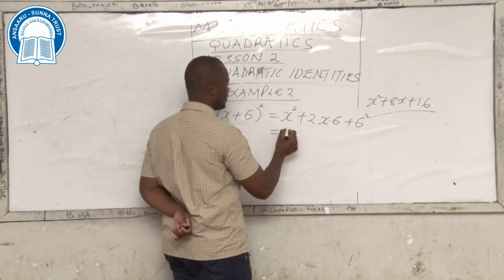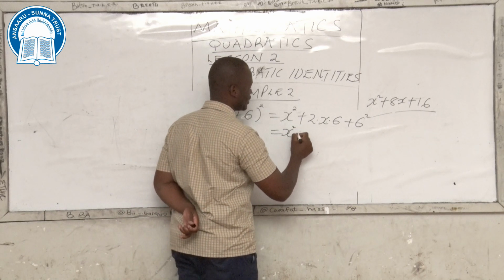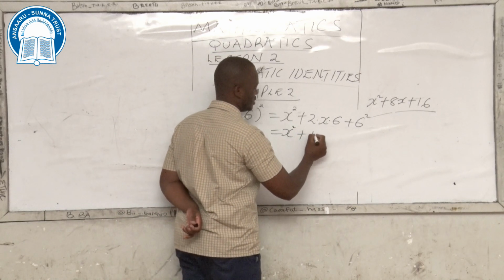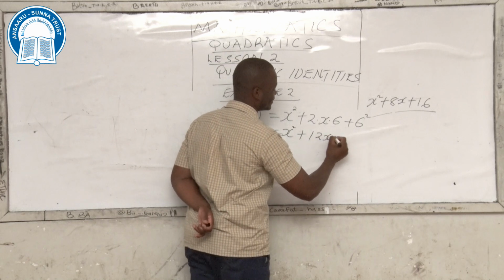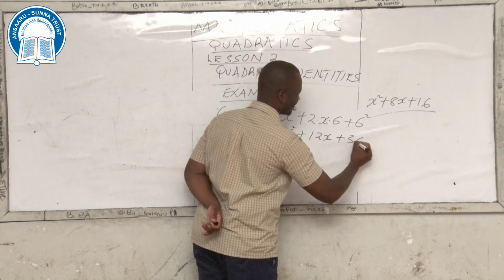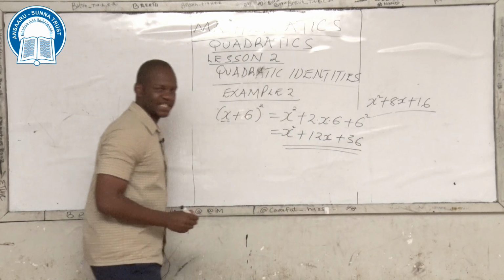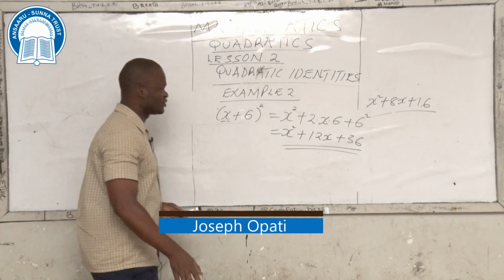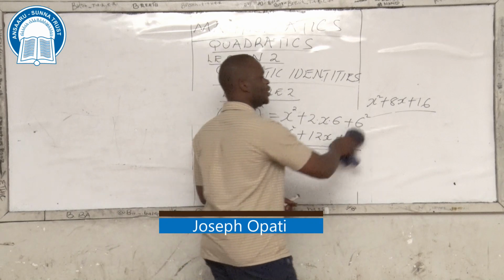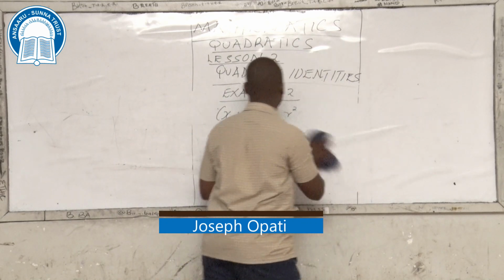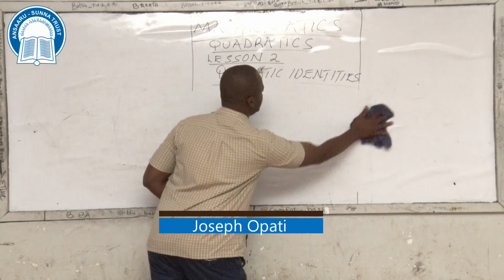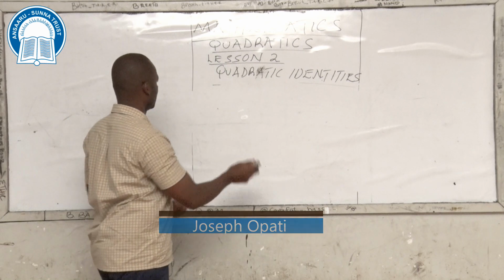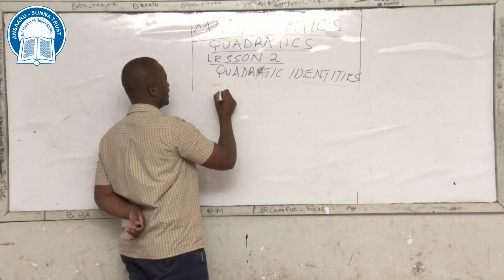We end up with x squared plus 12x plus 36. That's what we get. So having understood that, we can now do a number of questions. So we have a question here.